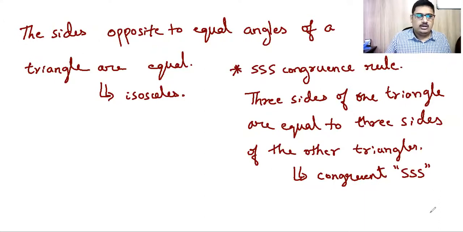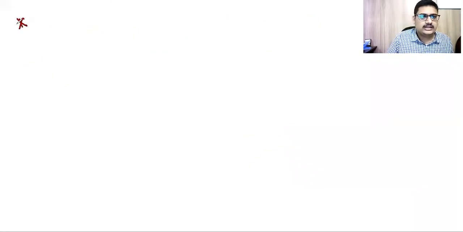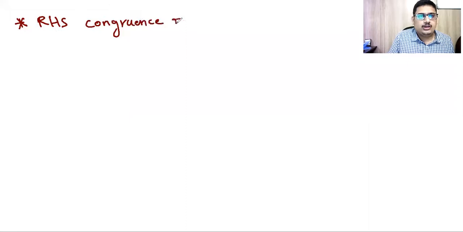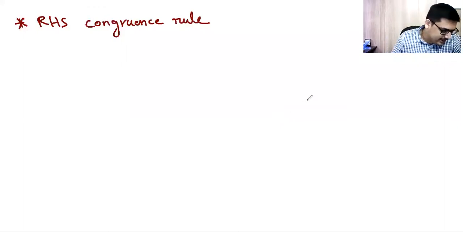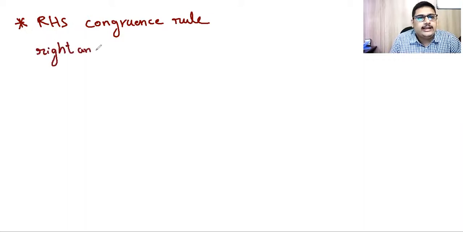Okay. So let me now talk about the RHS congruence rule. What does this stand for? Right hand side, that is right angle, hypotenuse and side. So here it stands for right angle, then hypotenuse, then one side.